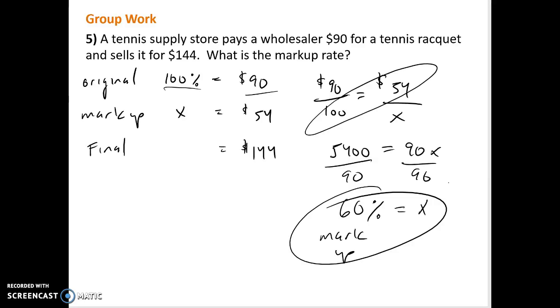The question also told us that the final price was 144. Therefore, they increased it by 54. And when we looked at the question, they were asking for the markup rate, which means the markup percentage. So that's where we put our X. And then we created a proportion. All right, so it's very important that we either get used to a list or drawing a picture.